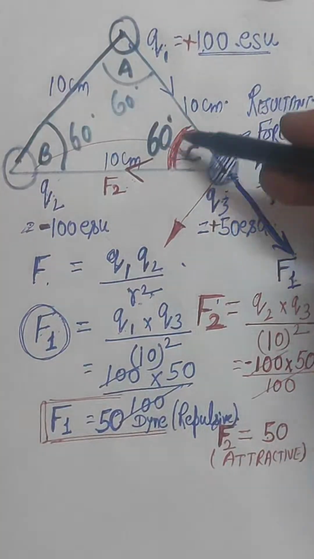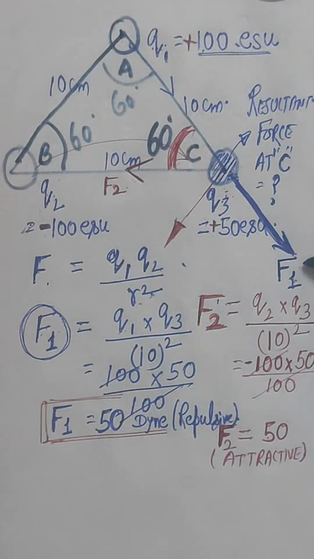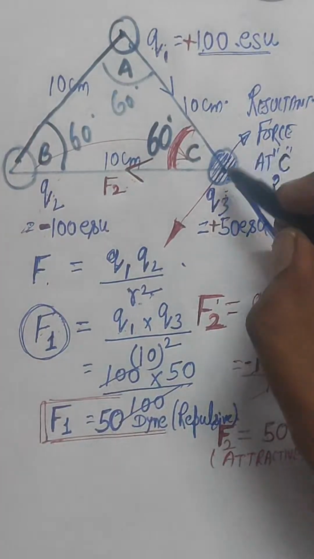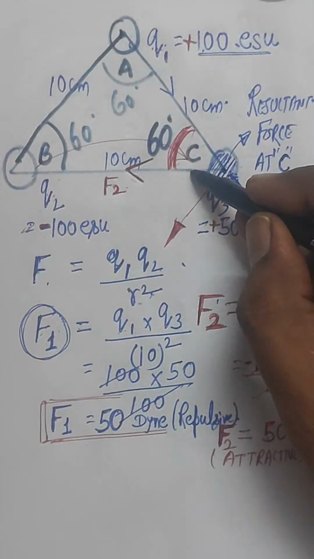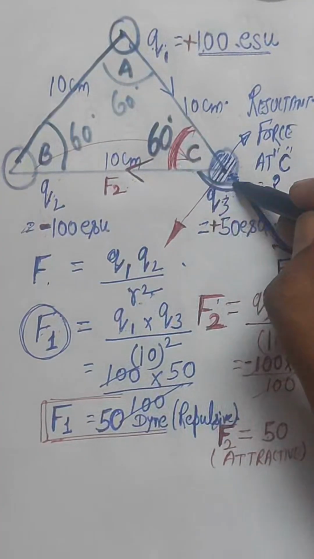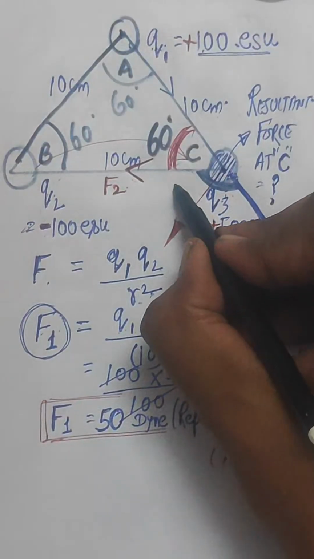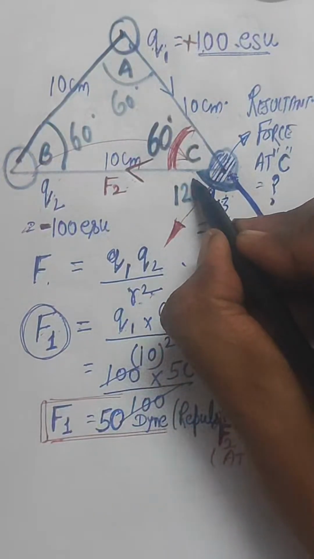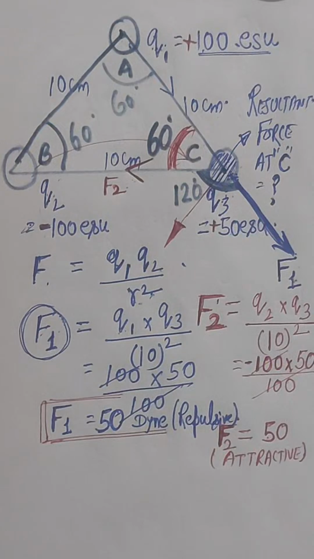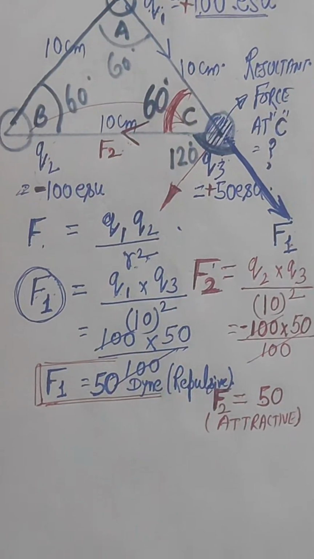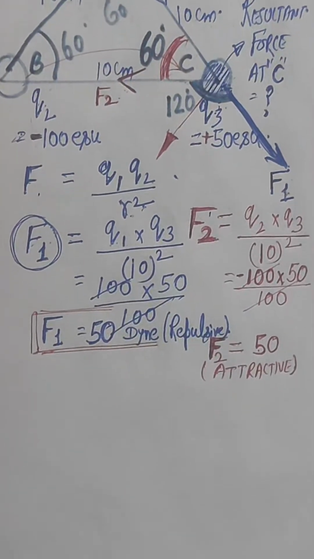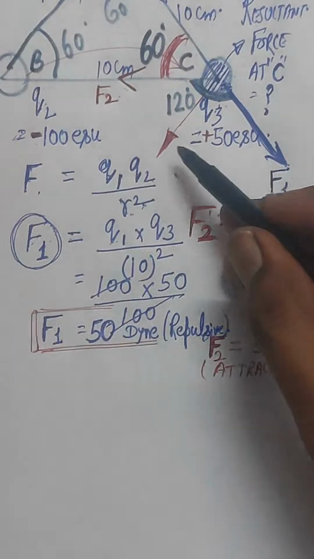If this is 60 and AC is a straight line, we can say that this angle is nothing but 120 degree, right? If this is 120 degree, let me shift a little.